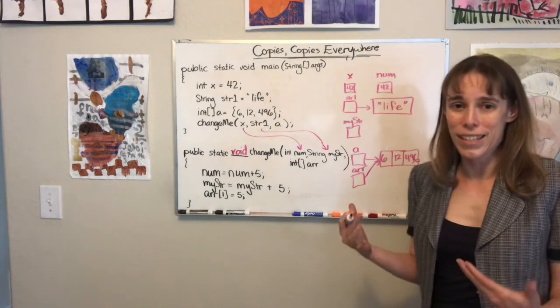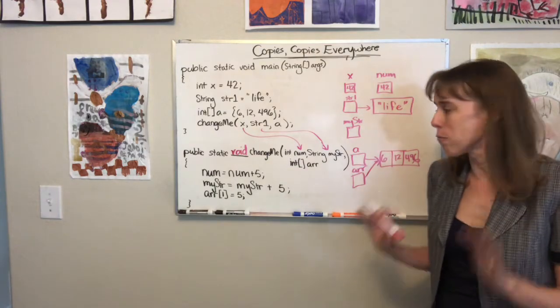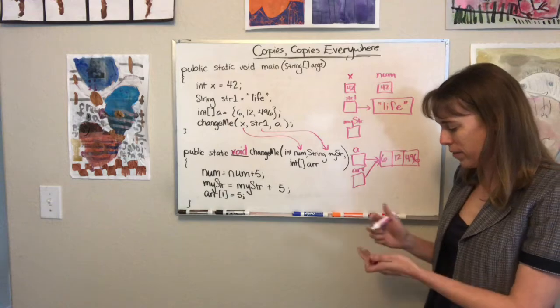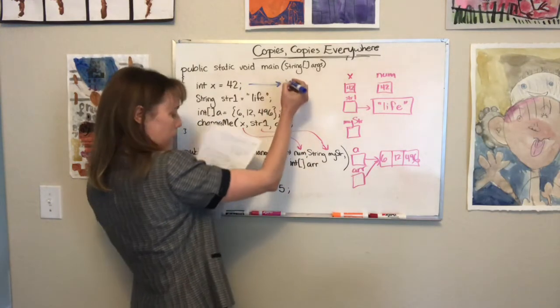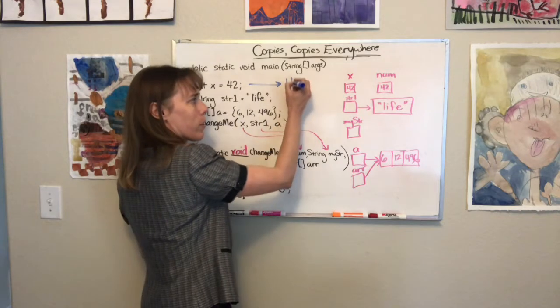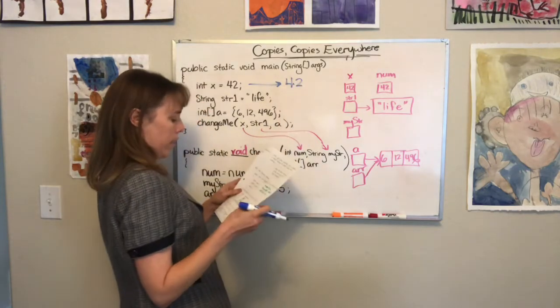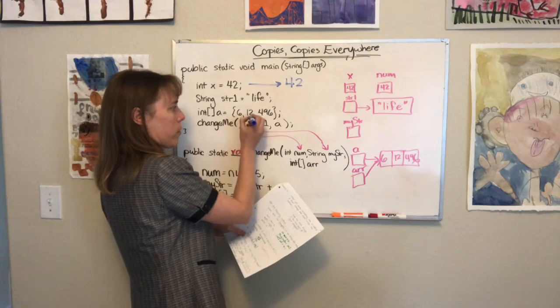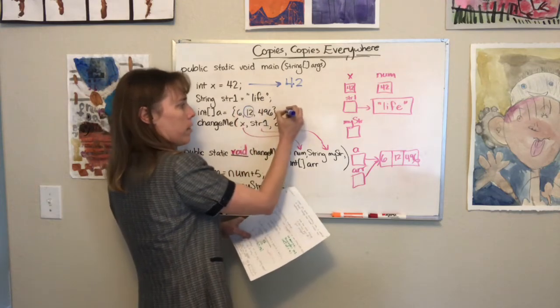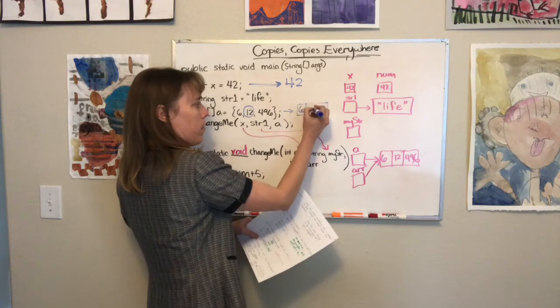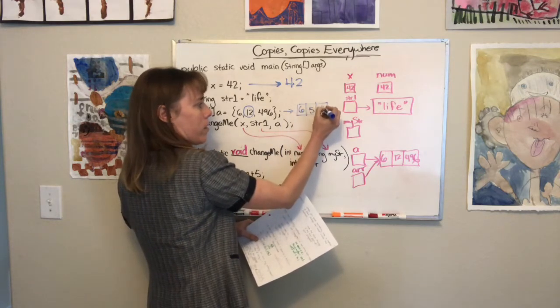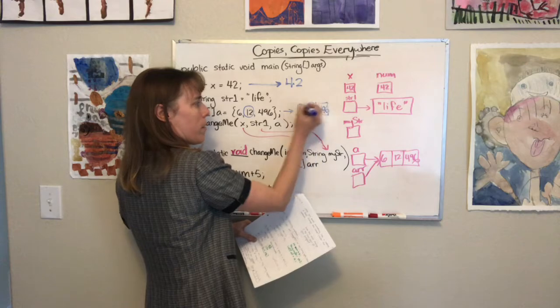If you actually type this into Eclipse and run it, what you will discover is that x was 42, and after you run it, x is still 42. If you started with 6, 12, 496, your final array is 6, 5, 496. So that one changes.